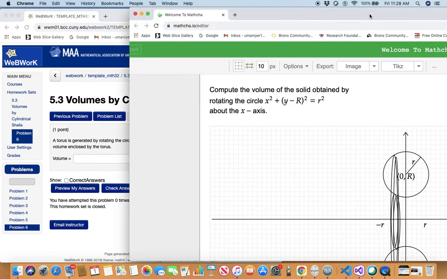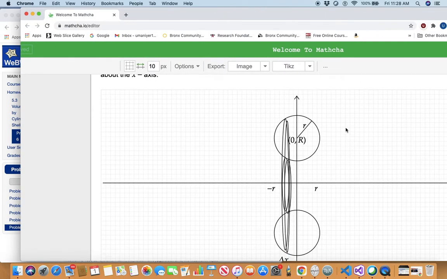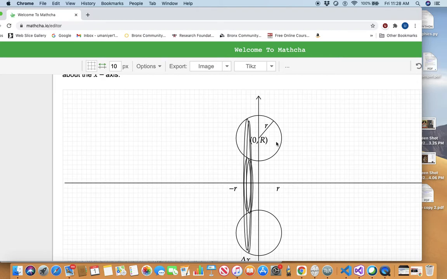Find the volume. So notice, you take that circle and rotate it about the x-axis, you will get what is called a torus, that is donut shaped. I hope you can imagine, when you rotate the circle around this line, you get a donut shaped solid. So you want to find the volume of this.